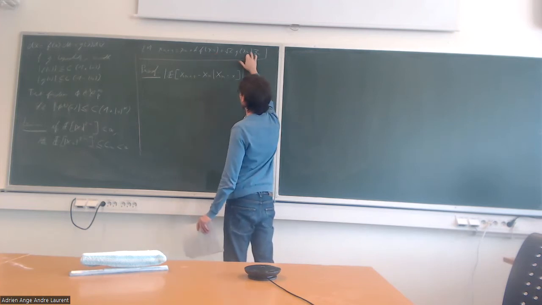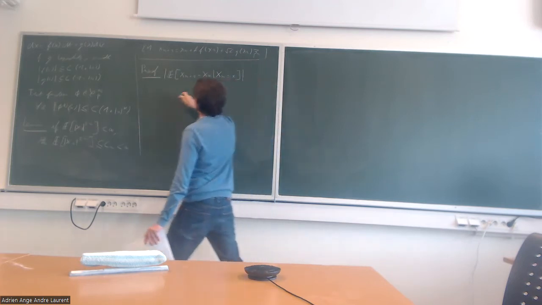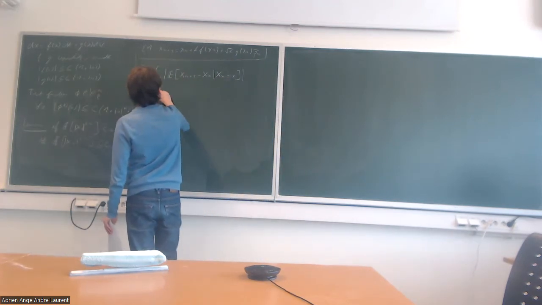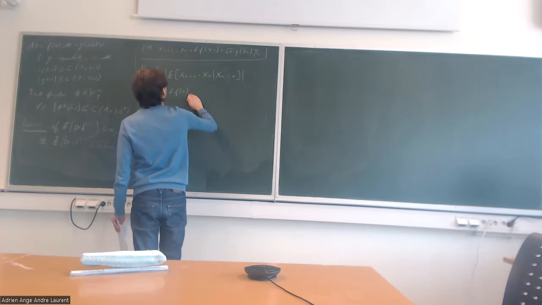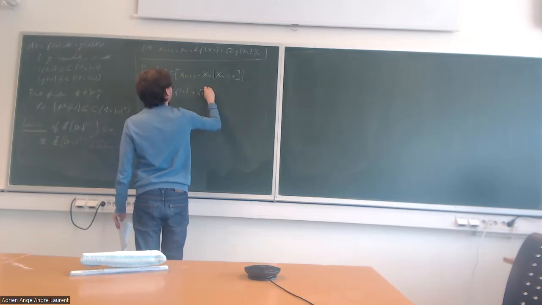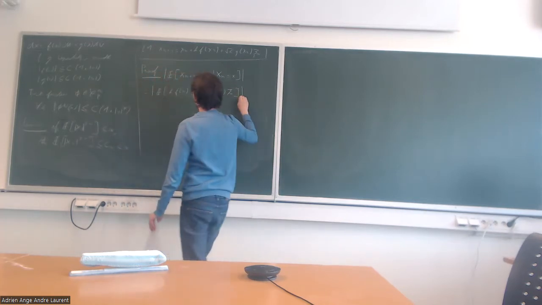Only the random part is this one. So you have the expectation of h f of x plus square root of h g of x sine n.